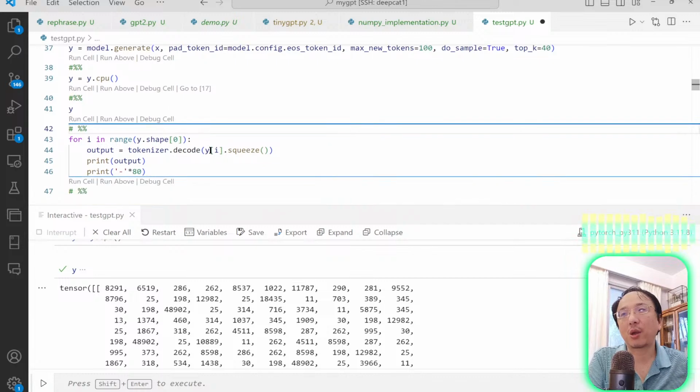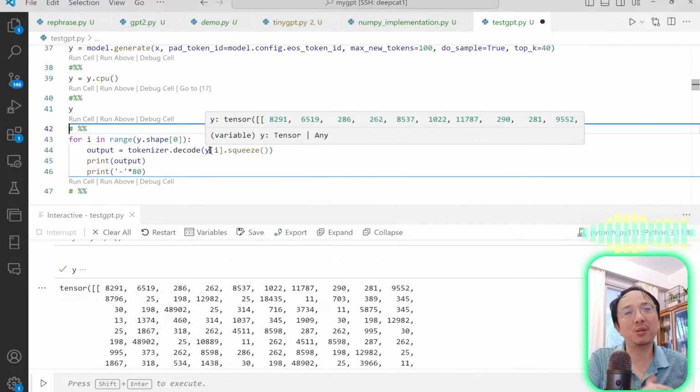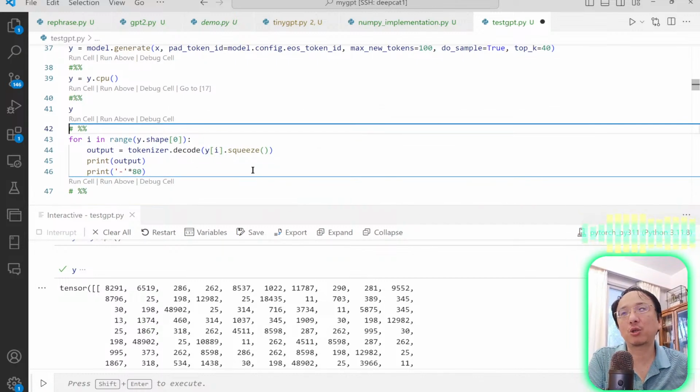Just like the integer sequence when we do the tokenizer. So we can trace back, because it is not human readable. So let's trace back to the English text. Here's what we do. We use tokenizer decode Y[i] to see what it is.